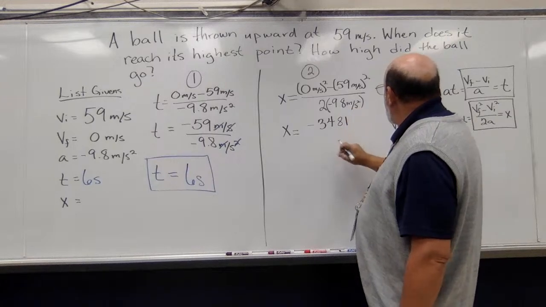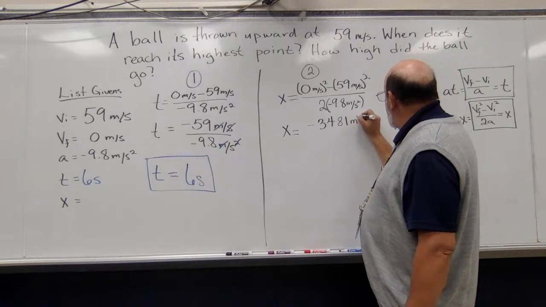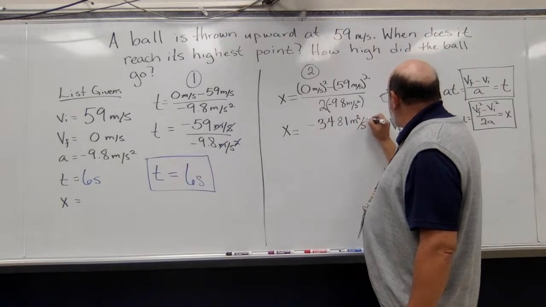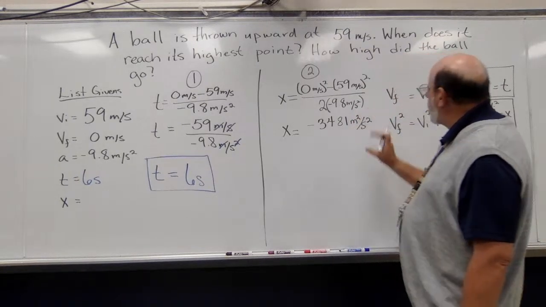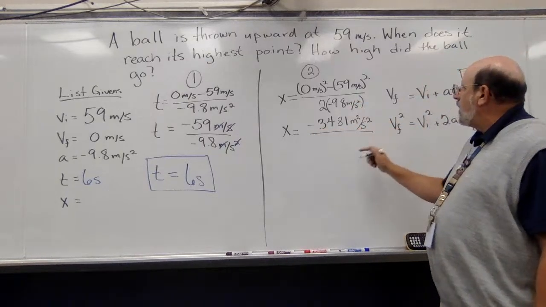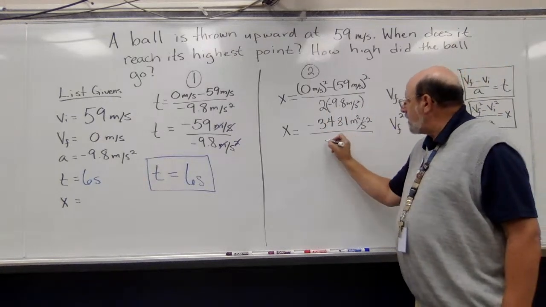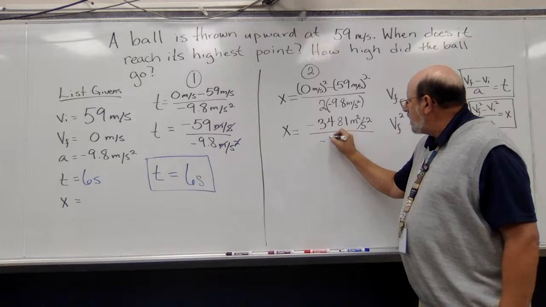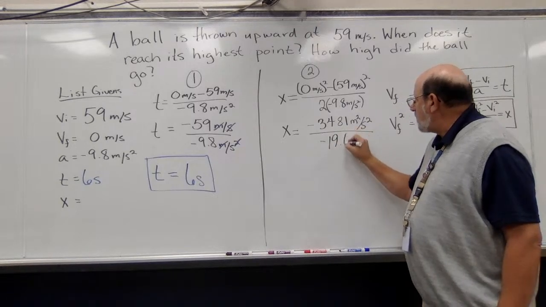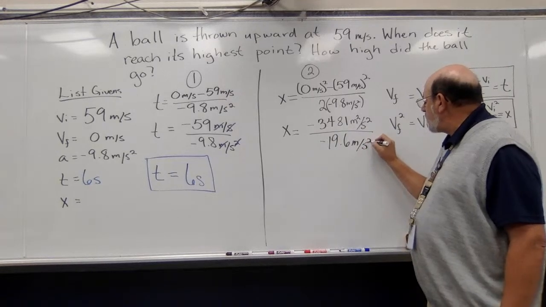Now, I also square these units. So it would be meters squared over seconds squared. This is really important because it's going to help us to cancel units later. 2 times negative 9.8 meters a second squared is just negative 19.6 meters a second squared.